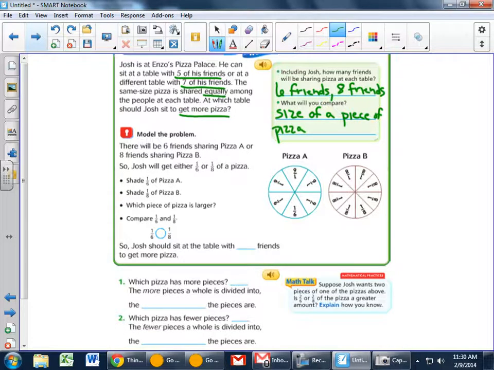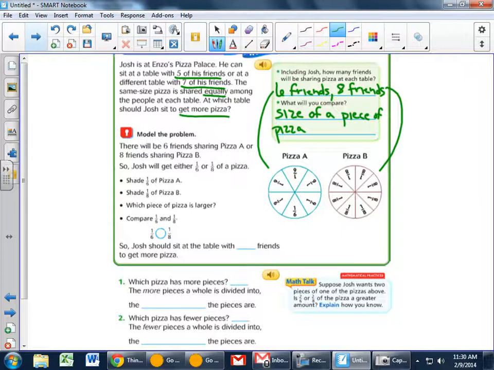There are 6 friends sharing pizza A, so that's at the first table. That's this guy. Or 8 friends sharing pizza B, which is this guy. So they took the pizza and they divided it among how many people were at that table. So when it was asking us how many friends will be sharing the pizza, that gave us our denominator.